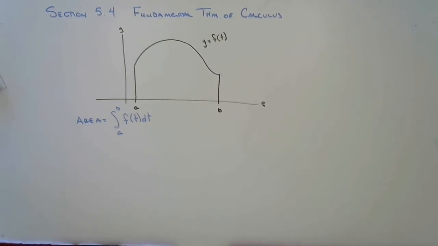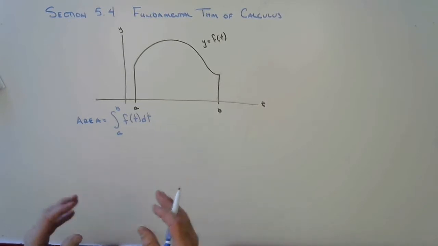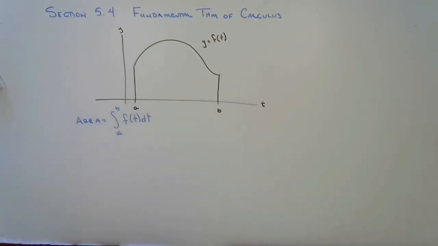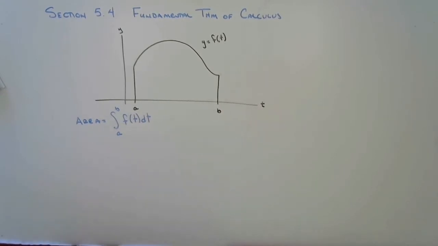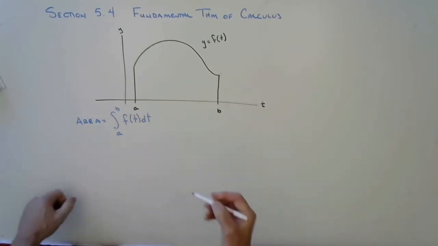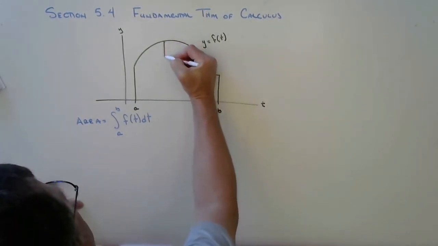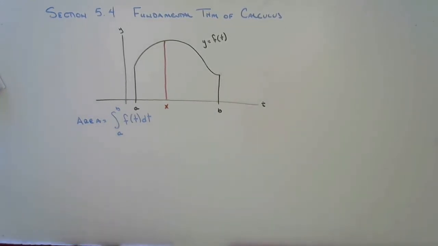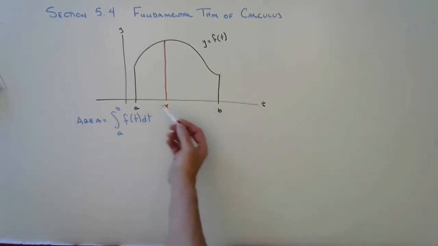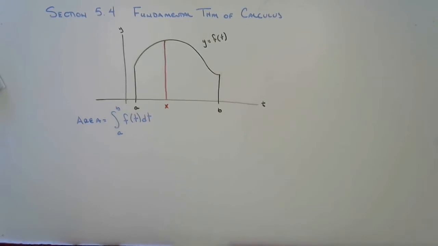We've talked about this. But now we're going to introduce a new layer, an idea that goes along with this graph, where we know the total area is this. But the question then becomes, what happens if we draw a vertical line? We pick a point between A and B is what we've done. We've picked a point.